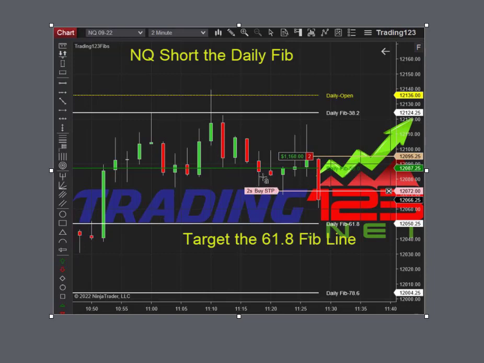So then the market was getting weaker, and we get these bounces, and just before the price loses the daily open price here, the fib level, the green line as I call it, the line in the sand. So basically the trend is up above this green line, down below it.